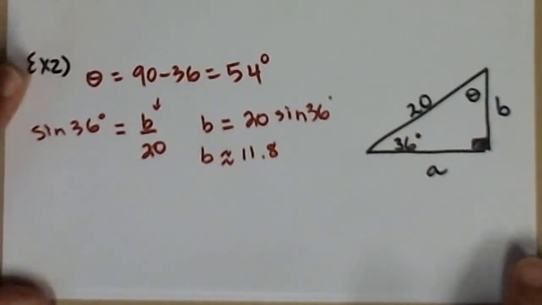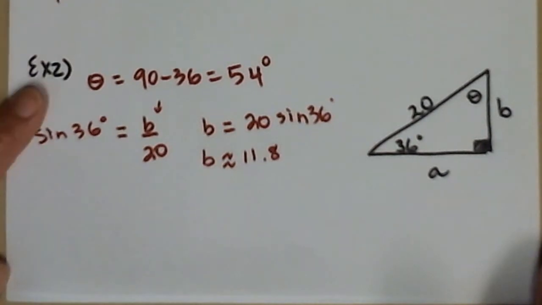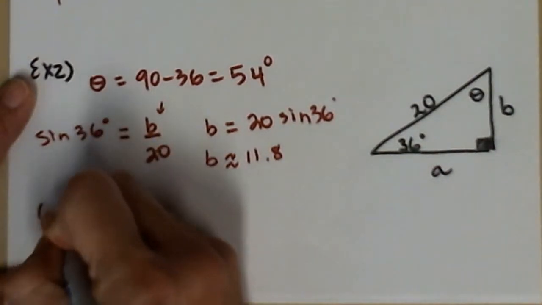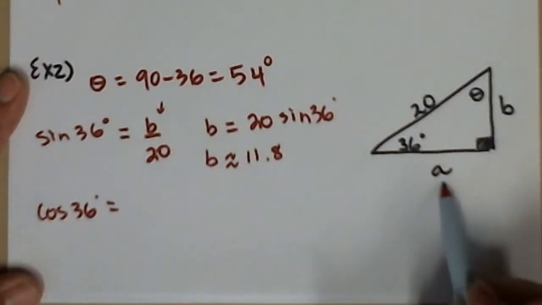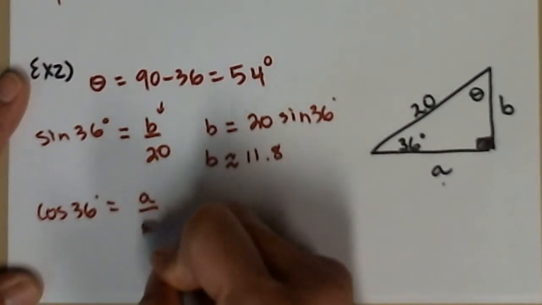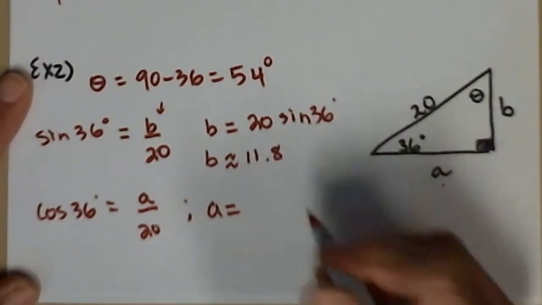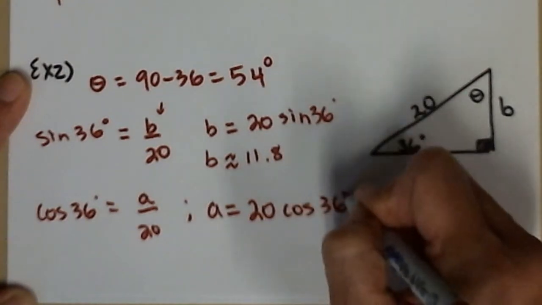Oh, sorry. And you could either at this point use Pythagorean theorem, a squared plus b squared is 20 squared, or we could do maybe the cosine of 36, which is what I'm going to do. Cosine of 36 degrees is the adjacent over the hypotenuse, which means that the adjacent side is 20 times the cosine of 36 degrees.